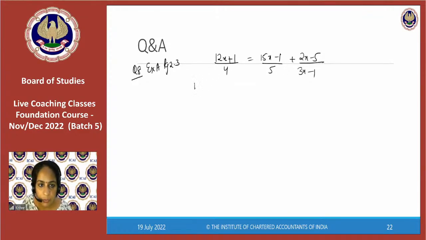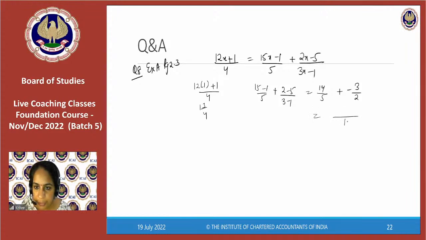Like if I do 12 into 1 plus 1 by 4, this gives me 13 by 4, and 15 minus 1 by 5 plus 2 minus 5 upon 3 minus 1. So it's 14 by 5 plus minus 3 by 2. Again, taking the LCM 10, 10 nowhere is going to help me reach 4.